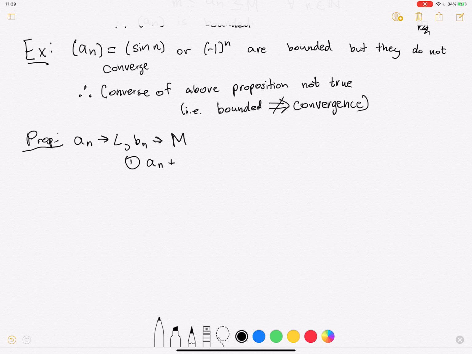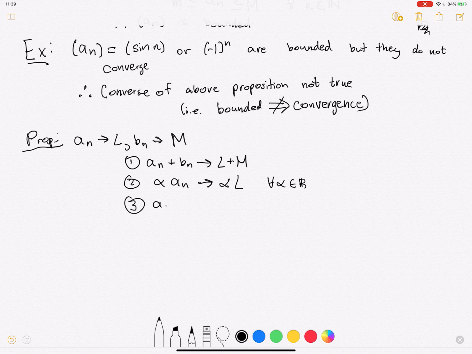One, a_n plus b_n goes to L plus m, so the sum of sequences approaches the sum of the limits. Two, if you multiply by a scalar, then that will just approach the scalar multiplied by the limit, for all alpha real.